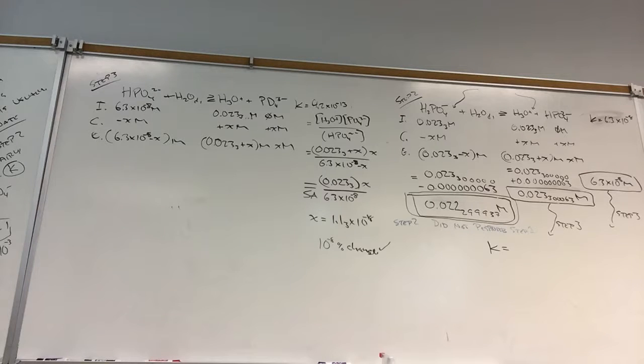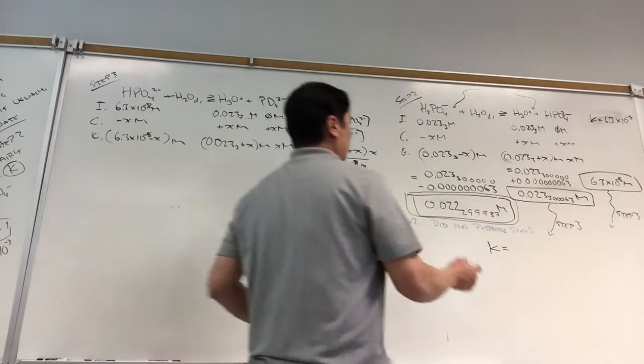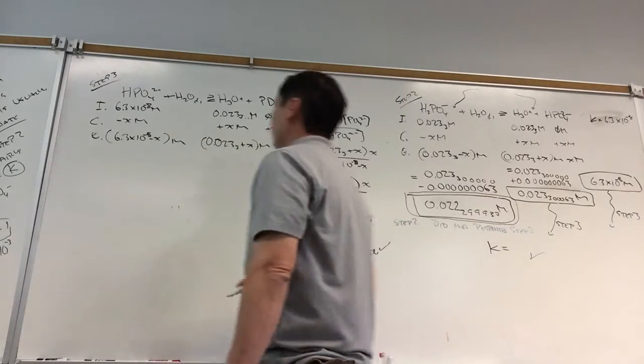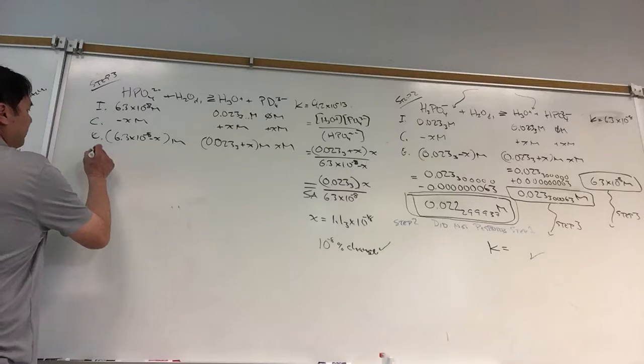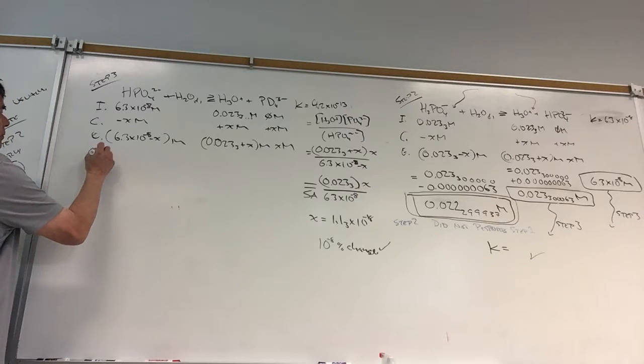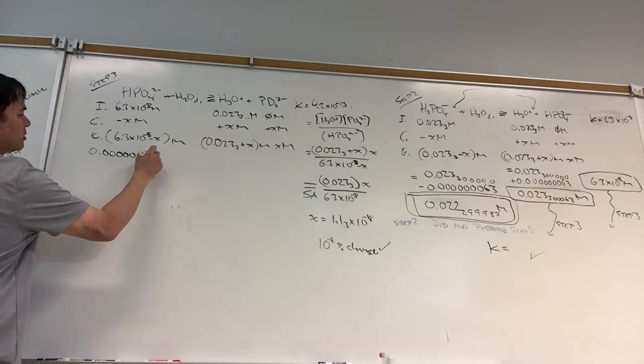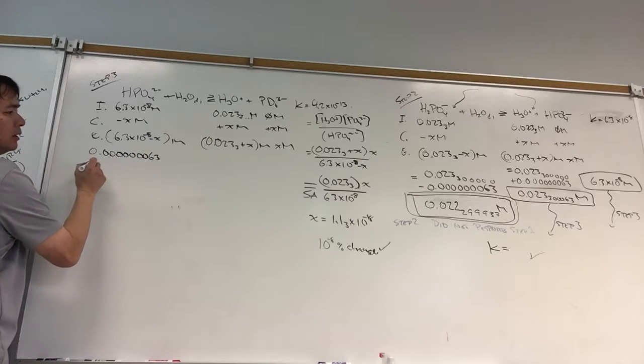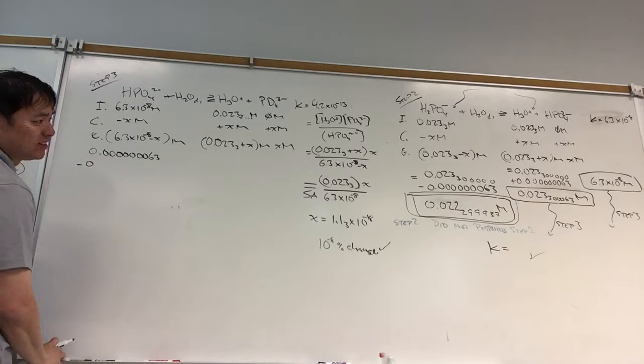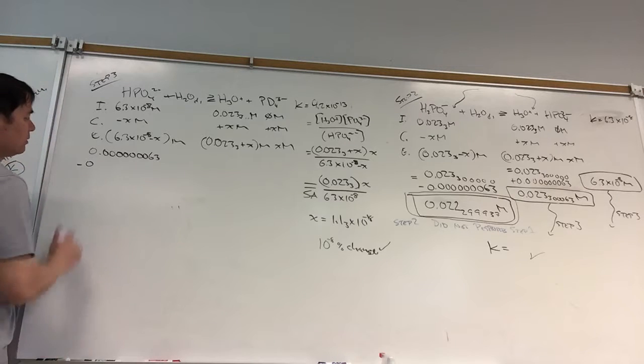This is 6.3 times 10 to the negative 8. All right, so it works out. It doesn't even change it. So this is going to be 0.7063 minus. Now we need 17 zeros.